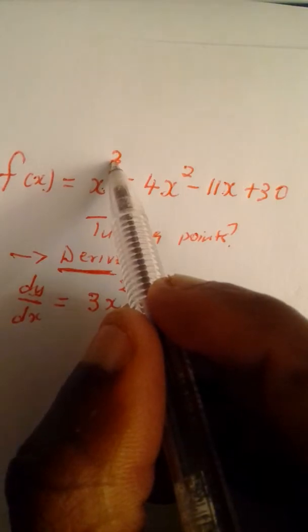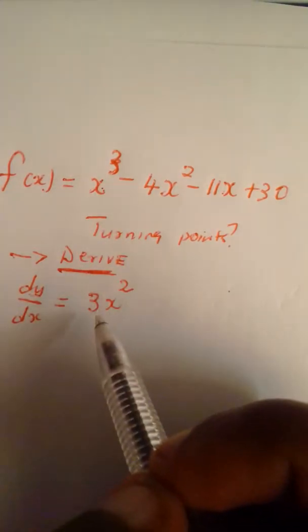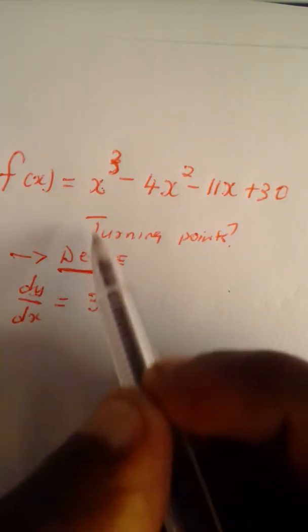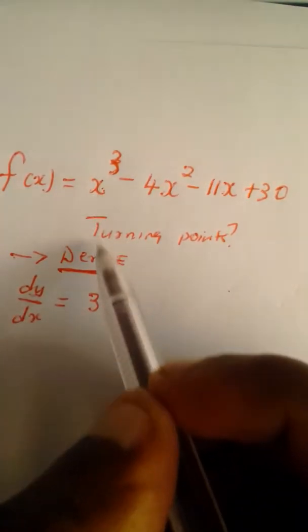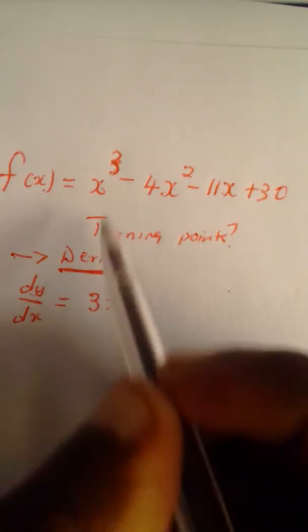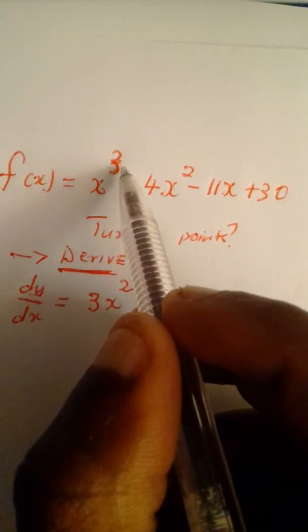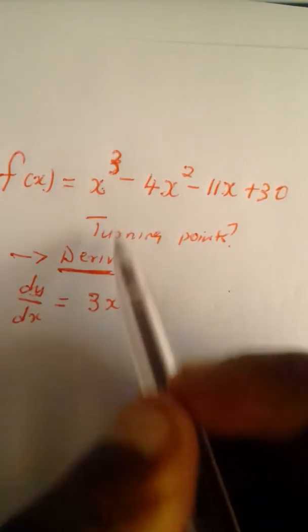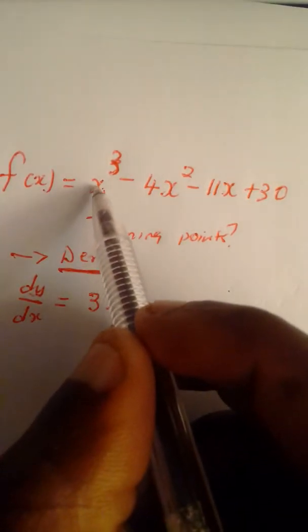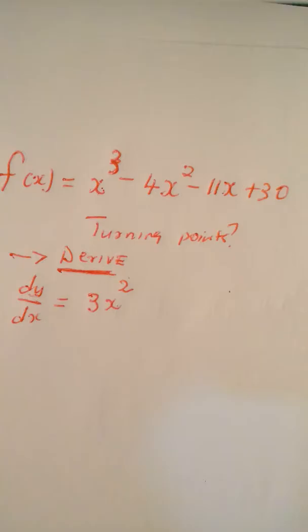What is the coefficient of x? It's 1. So you say 3 times 1, you write this 3. You bring down the variable, it's x, you write it as x. Now you go back to the exponent and subtract 1. So you say 3 minus 1 is 2. So the derivative of x cubed is 3x squared.